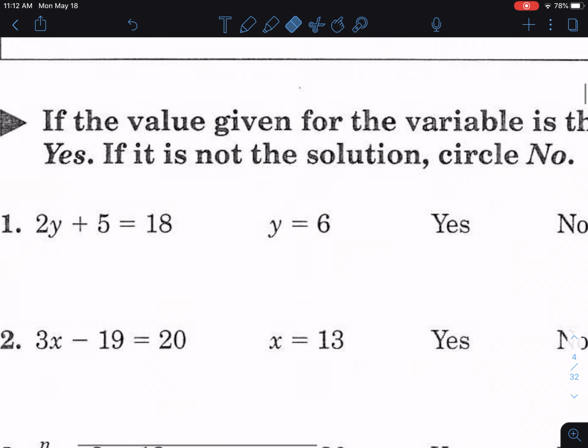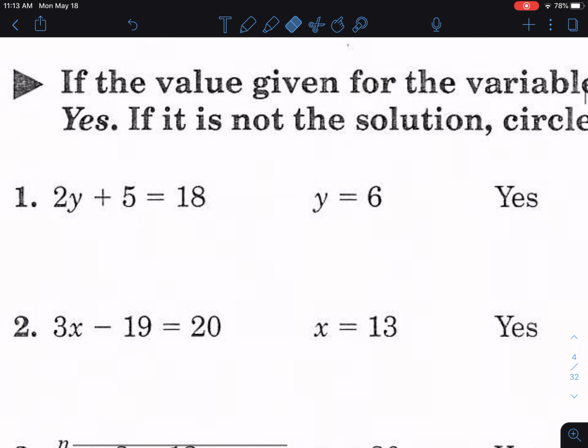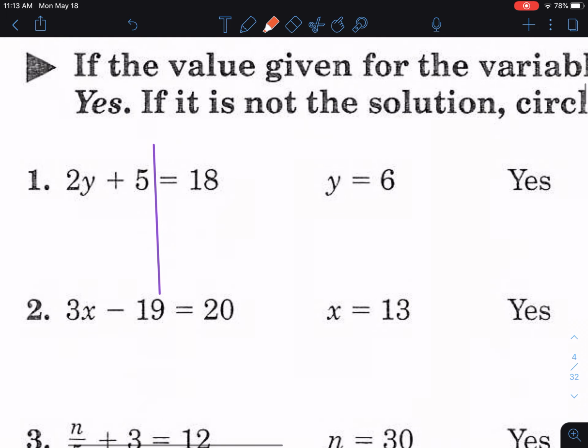Okay, so let's look at number 1 here. So it's saying, is this 6 the answer? Well, let's figure it out. We have 2y plus 5 equals 18. Okay, so remember, we're going to deal with this 5 first. So instead of adding 5, we're going to subtract 5 from both sides.